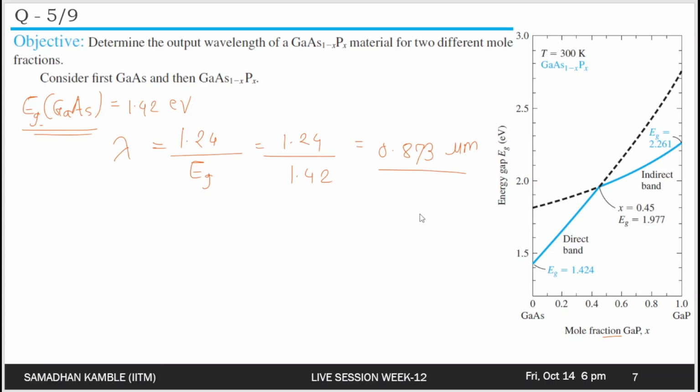Now let us consider the other material. You can see that this particular wavelength is in the infrared range and not in the visible range.